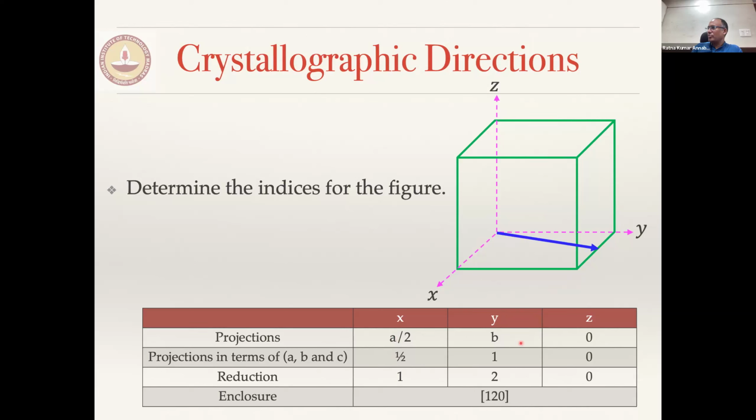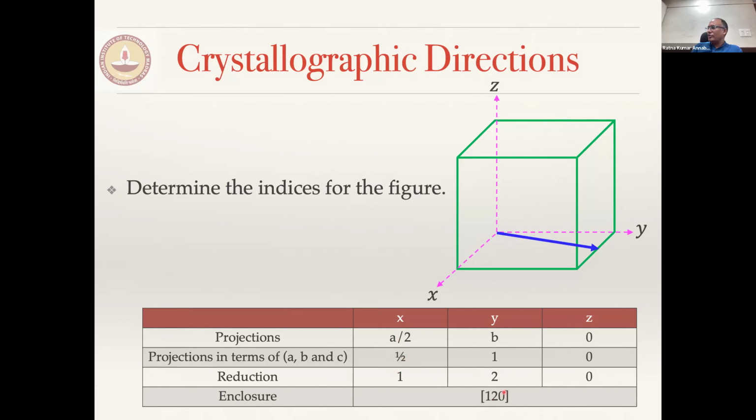So instead of a by 2, b, 0, we will write 1/2, 1, 0. But we don't represent these numbers as fractions. So you multiply by some common factor so that it reduces to the lowest integers. If you multiply by 2, this becomes 1, 2, 0. Then this direction will be 1, 2, 0.